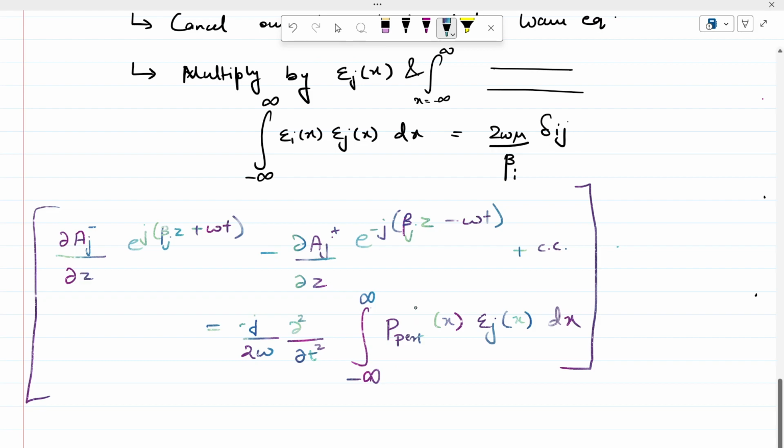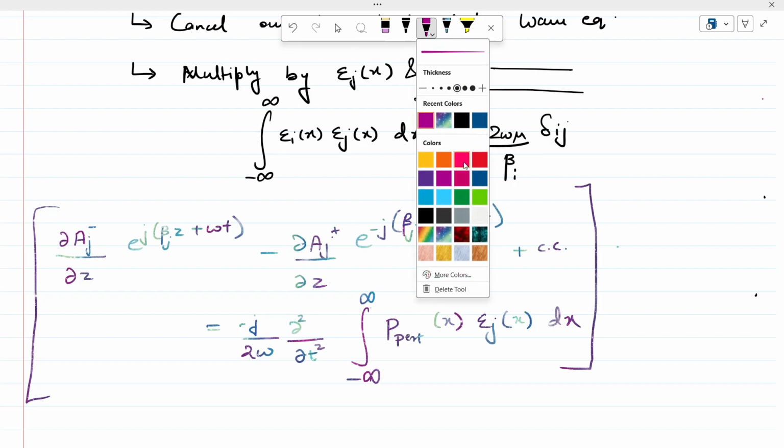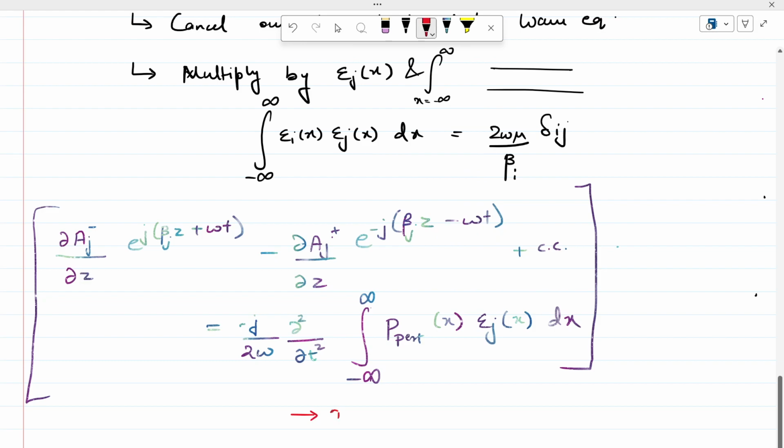So from here, one point to note is that the change in the amplitude of the forward and backward propagating wave depends on the overlap of the perturbation with the mode field amplitude.